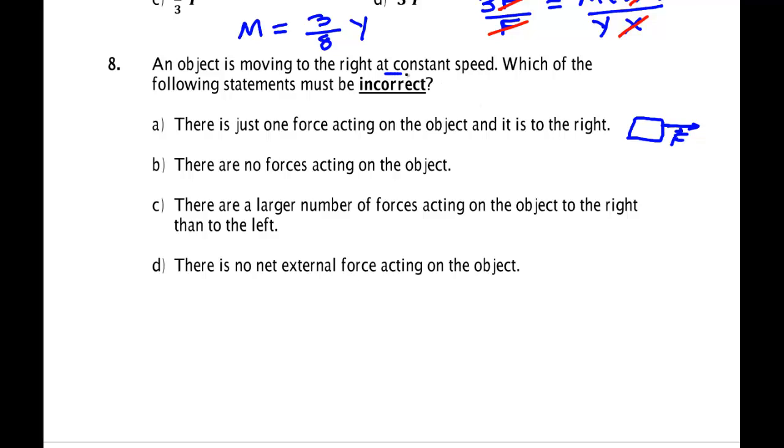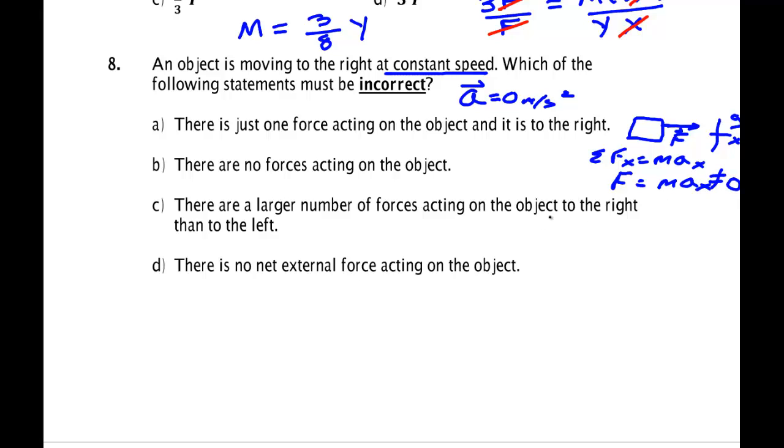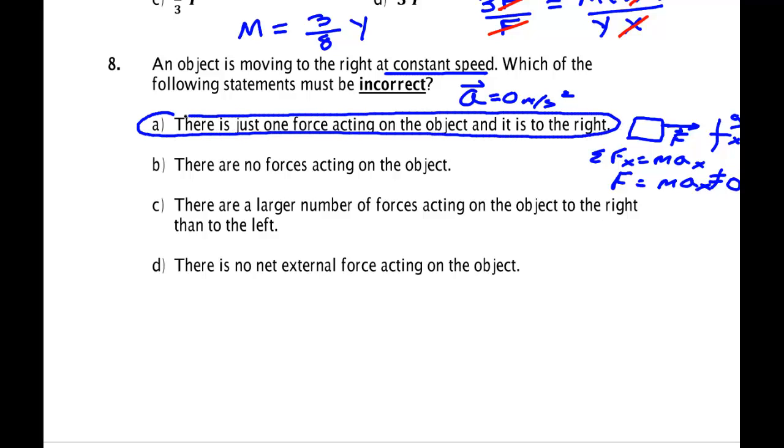Well, constant speed in a straight line told me that the acceleration has to be 0 in this problem. But if the sum of the forces in x is max, I would get F is equal to max because there's one force, and it would not be 0. So this cannot be correct. There would be definitely acceleration and it would be to the right.